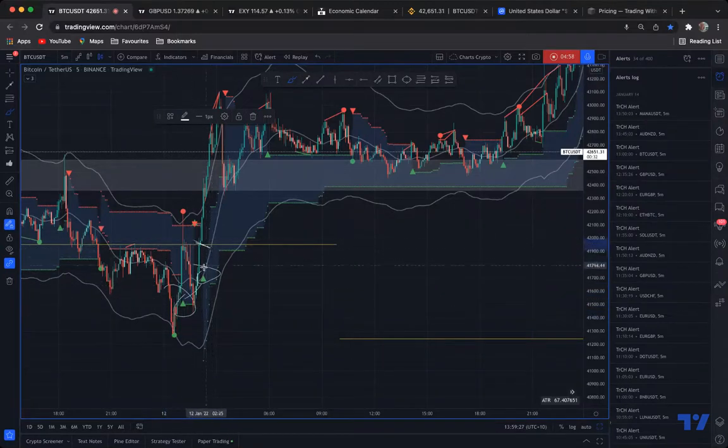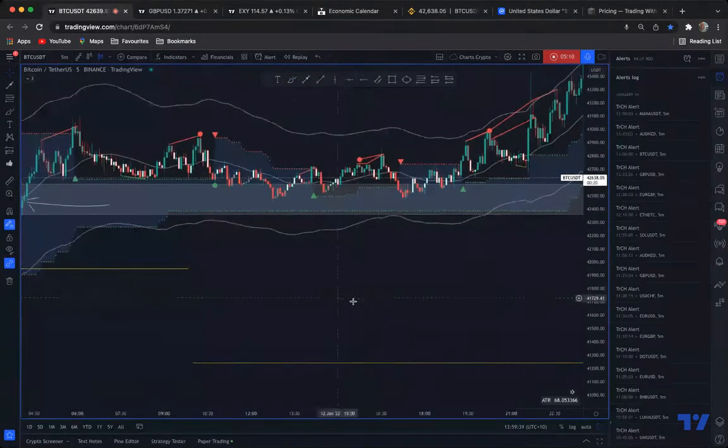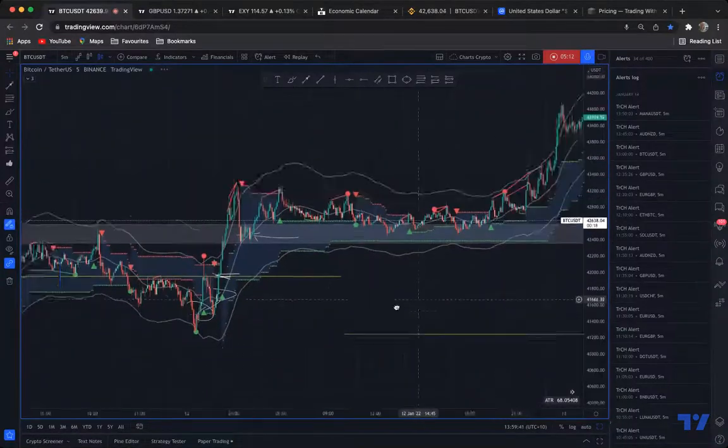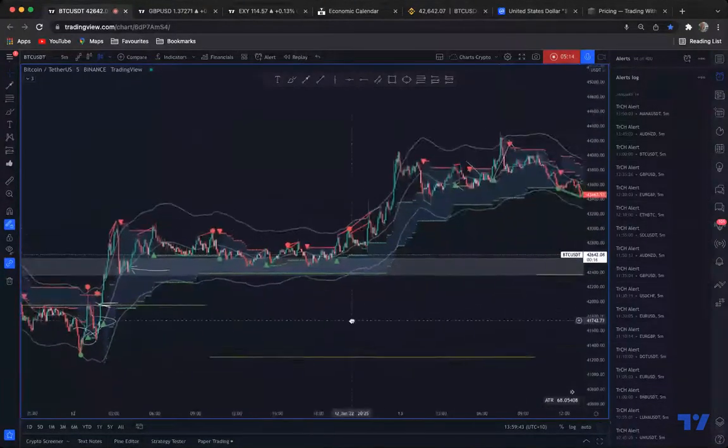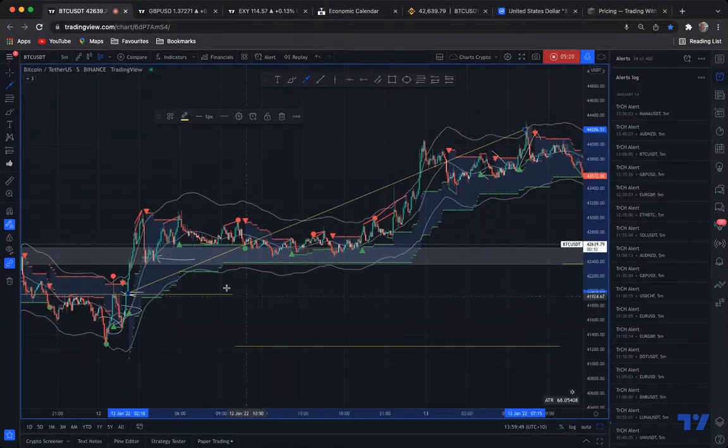There's your entry on the first consolidation, if you could catch that, even if you got in here on the pullback into the mean. I generally look for a consolidation and I will enter. And if that's your entry, you're well and truly ahead. You can be building your position all the way through here if you wanted to.